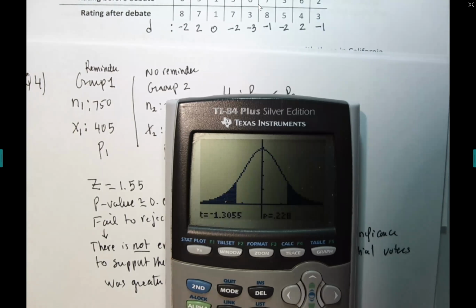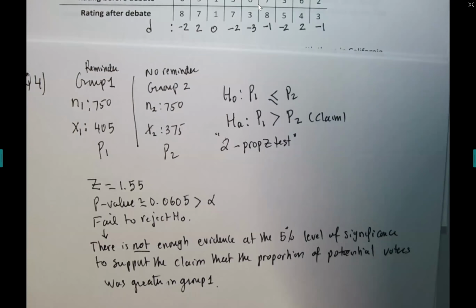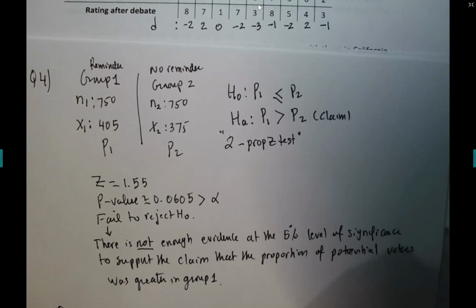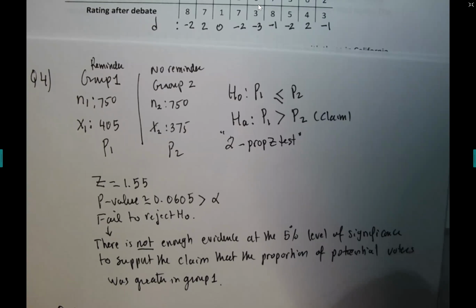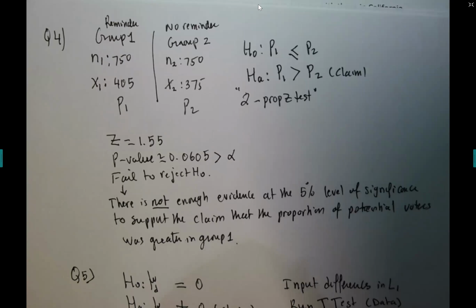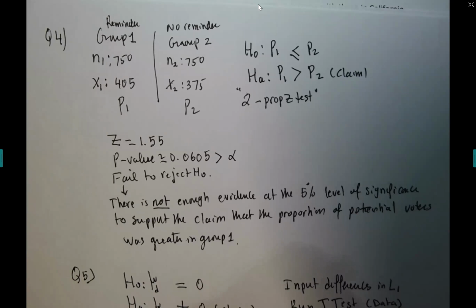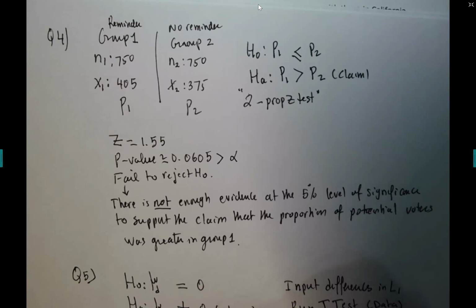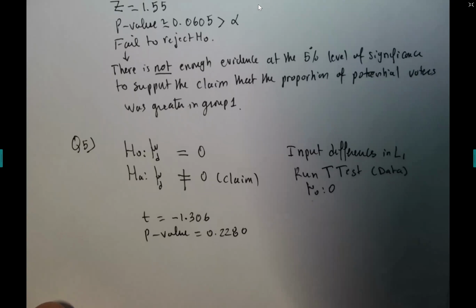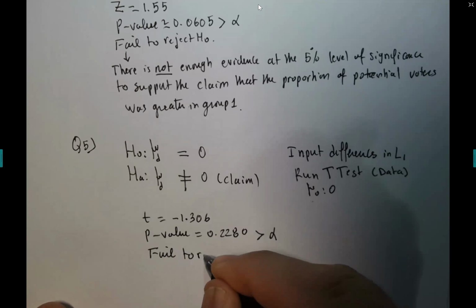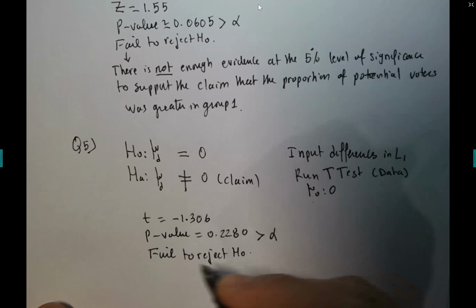T is negative 1.306, and the p-value is 0.2280, which is more than alpha, guys. Fail to reject H0.